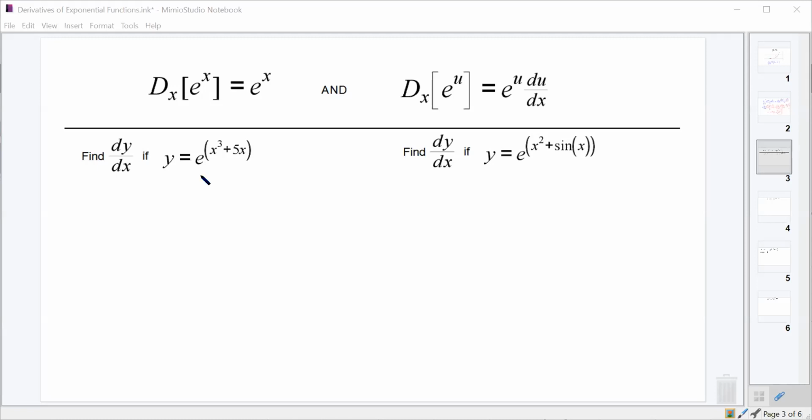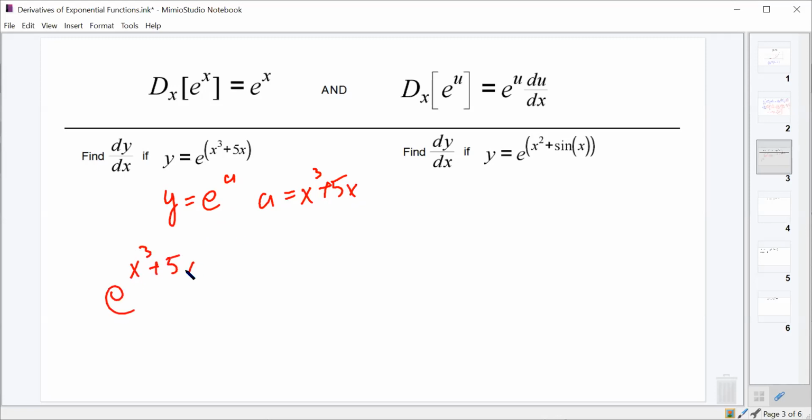Okay, so this was y equals e to the u, with u equal to x cubed plus 5x, and so our derivative is just e to the x cubed plus 5x. It's just the function we started with times the derivative of x cubed plus 5x. Easy enough?